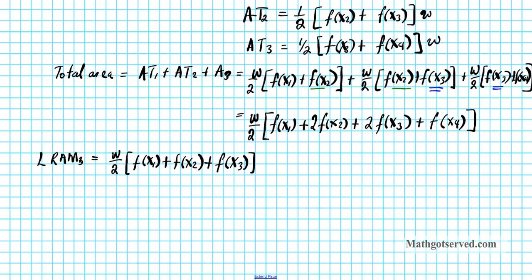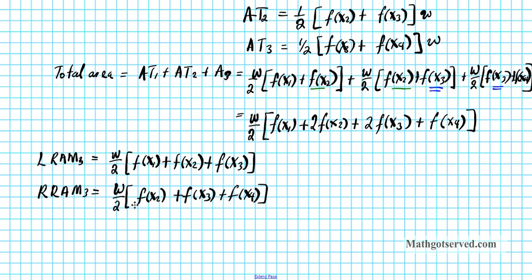Okay? I covered this in a previous tutorial, so you can review that if you've forgotten. How about if we wanted to do a right rectangular approximation using three subintervals? W over 2 equal with, now we're going to skip the left endpoint and we'll start from f of x2 plus f of x3 plus f of x4.